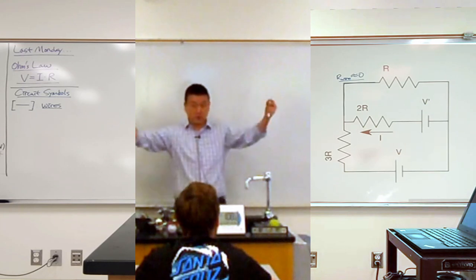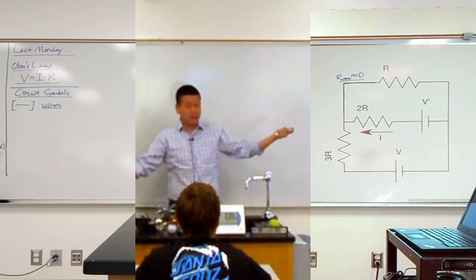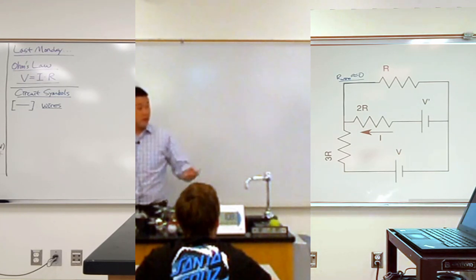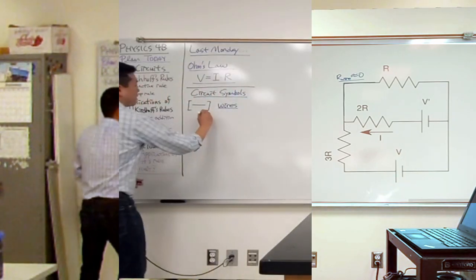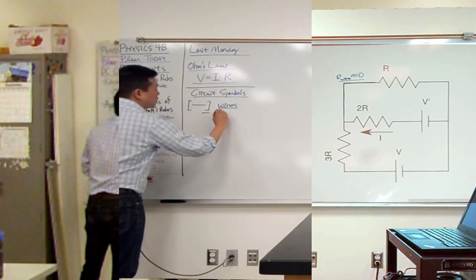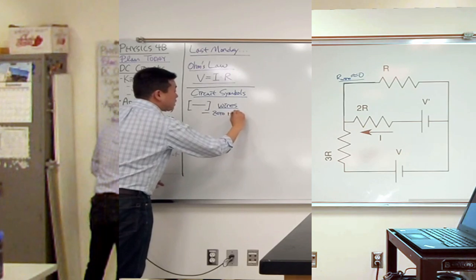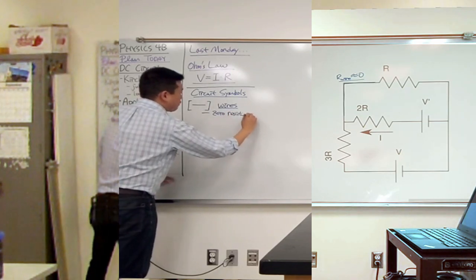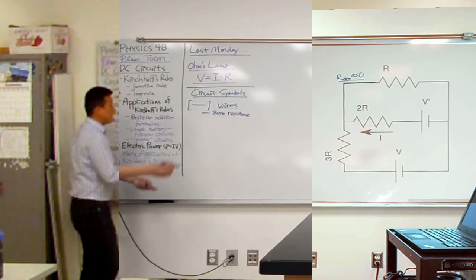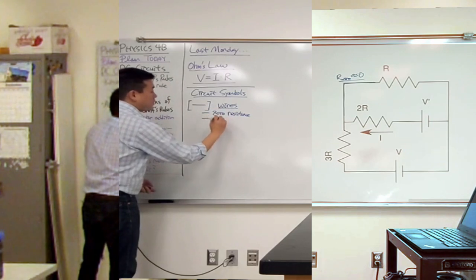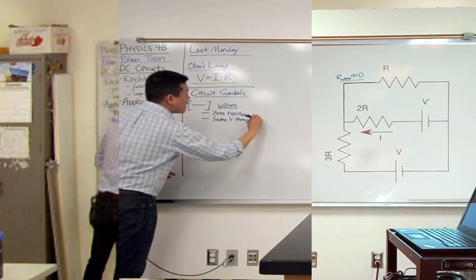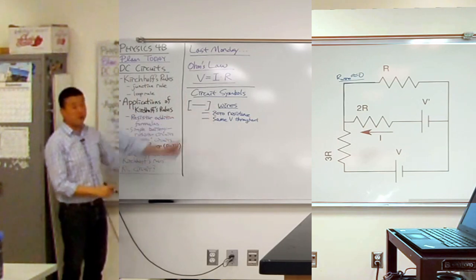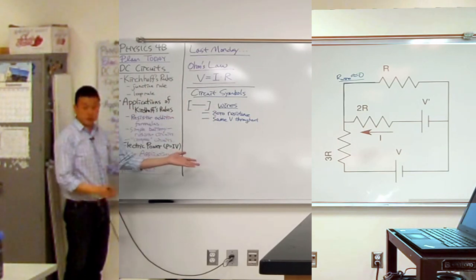When I had a long piece of wire, it had a resistance of like 1 or 2 ohms. But for the purpose of circuit analysis, we are going to assume that wires have zero resistance. And as a result of us assuming that wires have zero resistance, it's going to have the same voltage throughout. So whatever parts are connected by a wire, you can say that it has the same voltage.